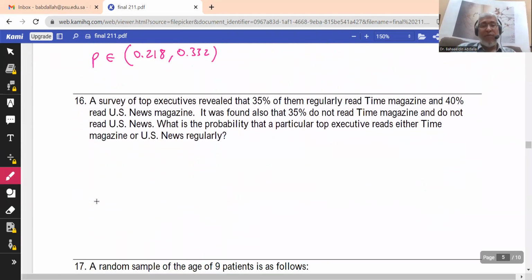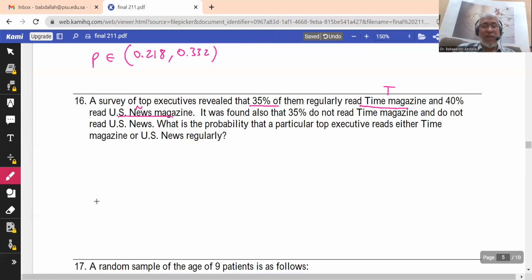A survey of top executives revealed that 35% of them regularly read Time magazines. If I call Time magazines T, for example, and 40% read US news magazines.